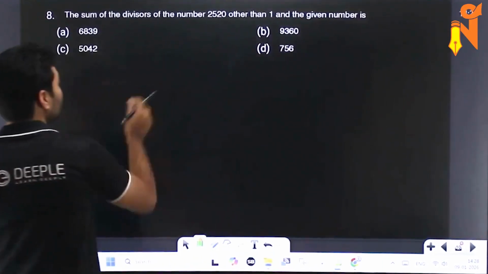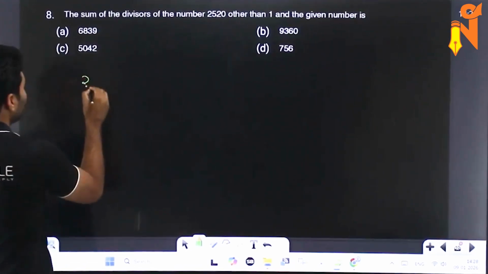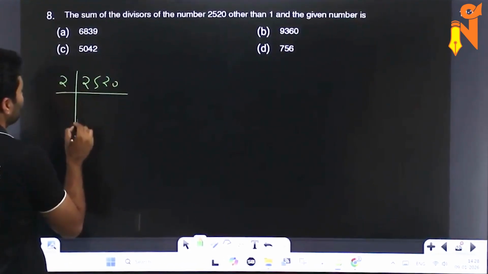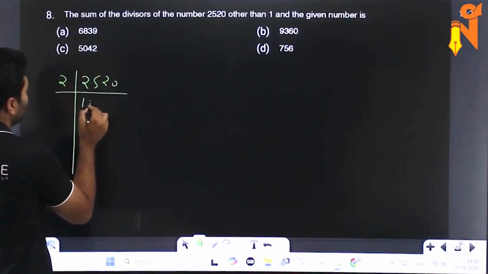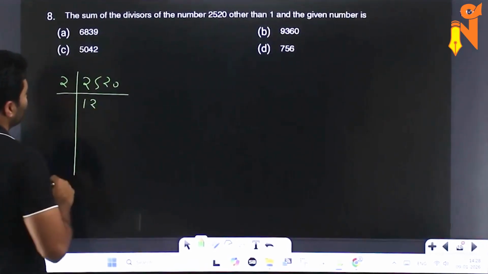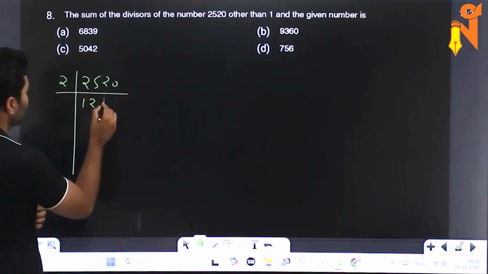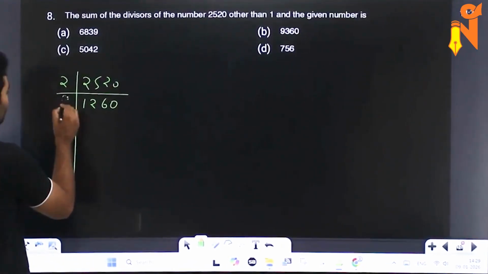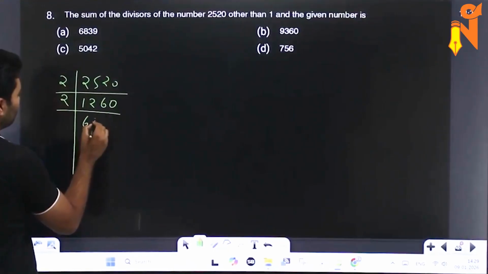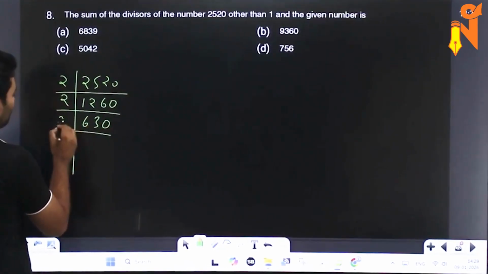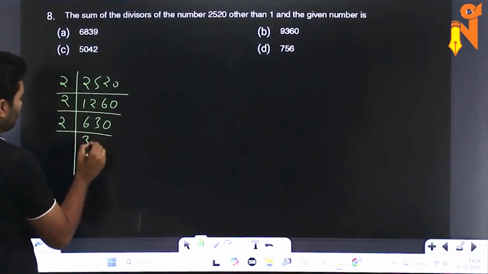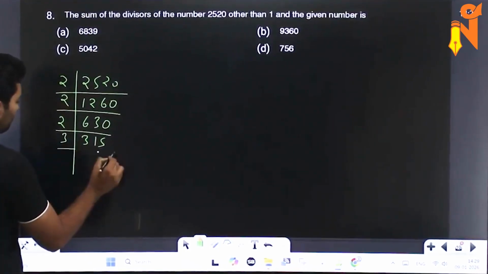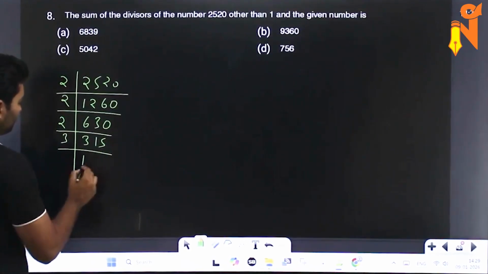First of all, let's break 2520 into factors. So 2 here, 1, 2, 6, 0. I hope this is correct. Yeah, okay. Then 2 again, 6, 3, 0. Then 2 again, and yeah, correct. Then I think 3. So 1 and 0, 5.